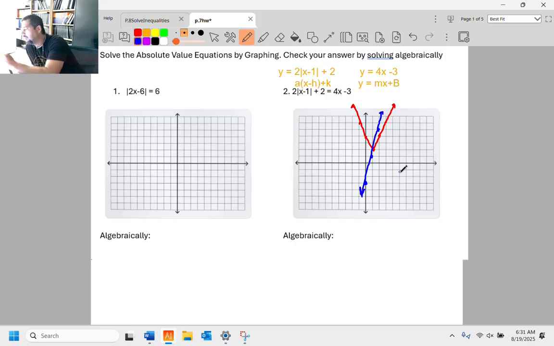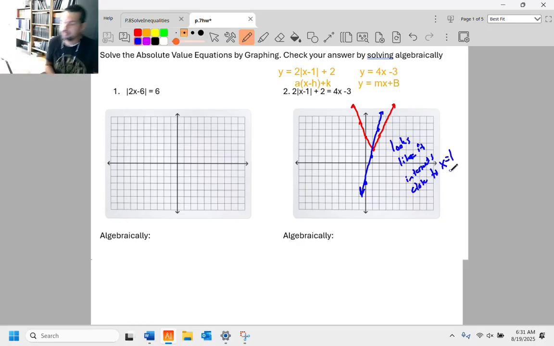I don't think it will, but it kind of looks like it intersects, at least close, at x equals 1. Again, I just made something up. I had no idea where it was going to intersect. So that's the weakness of graphing. Graphing is not a very good way to solve, at least when you're graphing by hand. But the graph is telling you that there is an intersection, that there is one solution.